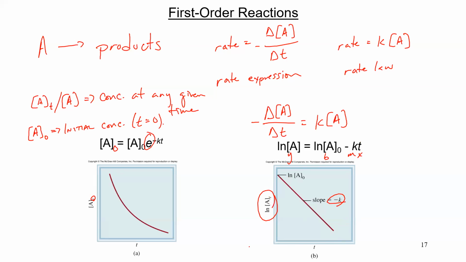The slope here is negative k. And the y-intercept is the natural log of the concentration at time 0. So this is very useful when we want to calculate a given concentration, and we know the time and we know the rate constant.